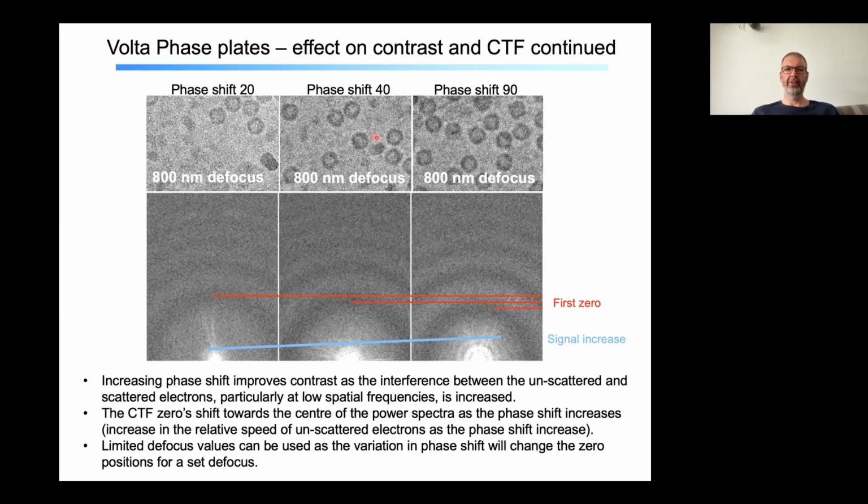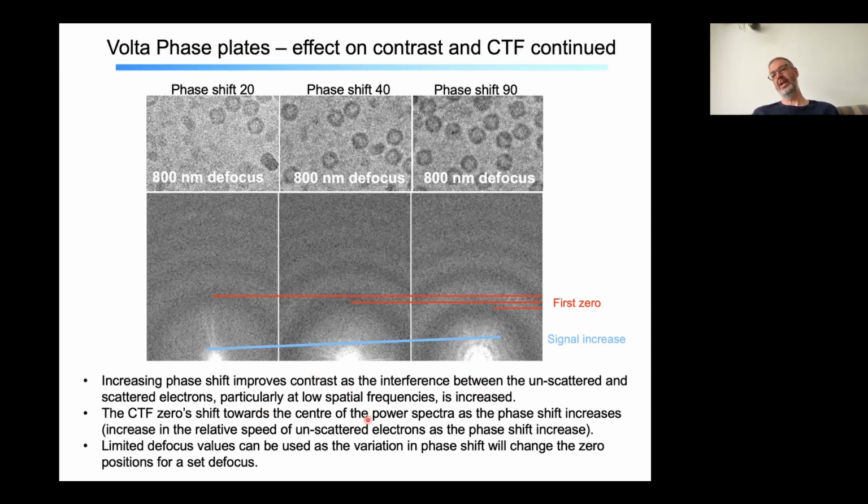But as the charge builds up over time, you get higher phase shifts, so it becomes easier to see your object. But you also get a change in the Thon ring pattern, so the positions of the zeros change as the phase shift increases.